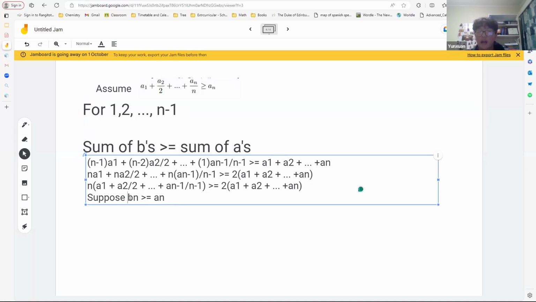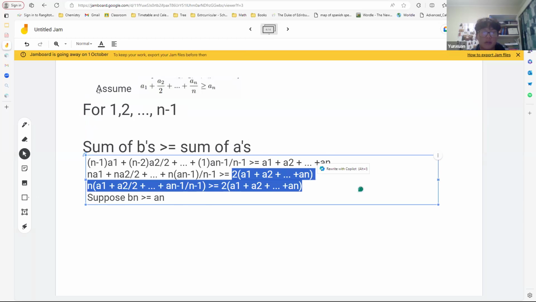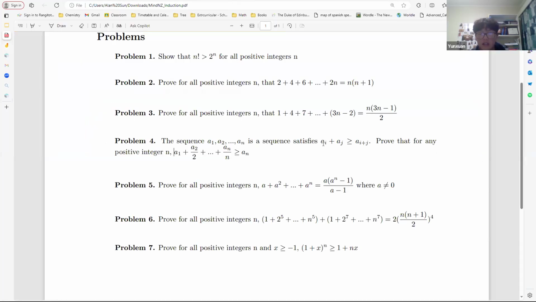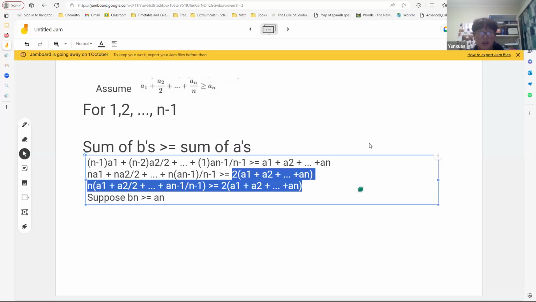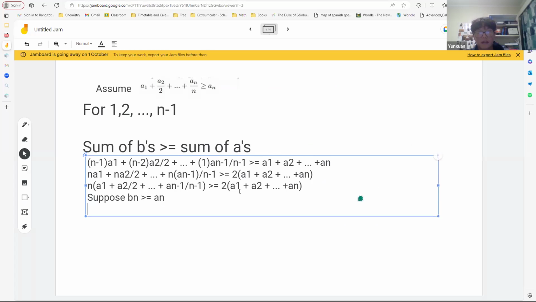So if we can combine this expression with what we have so far, maybe we can get a statement that links back to the problem statement that tells us ai plus aj is larger than or equal to a(i+j), which we have not used so far. So that's why we make another assumption.